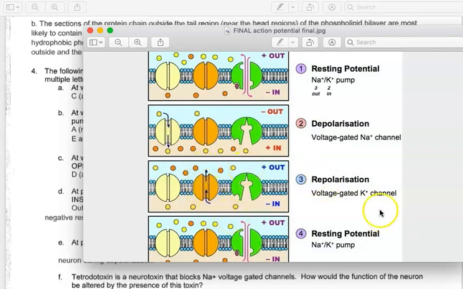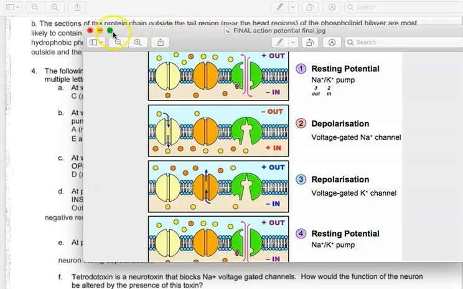Since potassium is positive, a lot of your positive charge is exiting to the outside, so it allows you to become negative once more. And to regulate this to get to exactly minus 70 millivolts, the sodium potassium pump works once more right after the repolarization so that you are able to get to that minus 70.